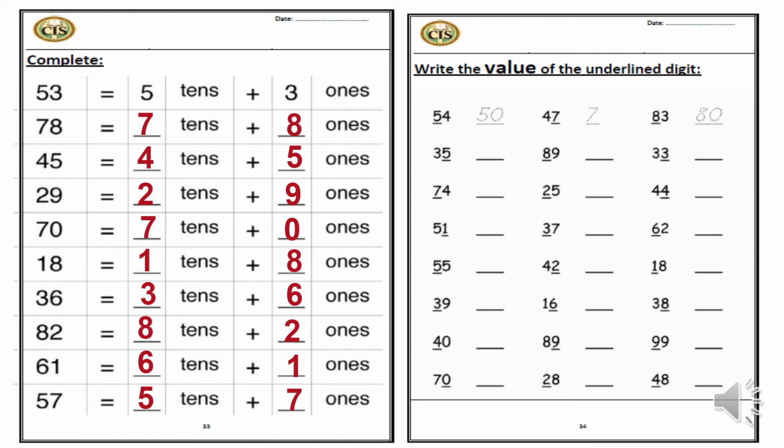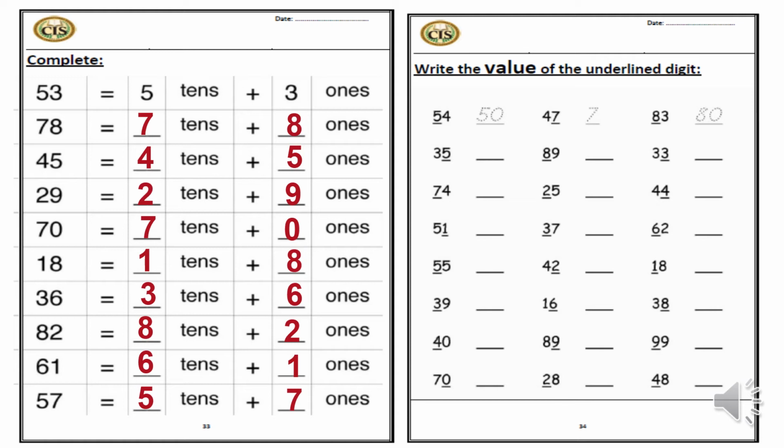We have here 47. 7 here in ones place, so its value will be 7. No 0 in ones. We have here number 83. So 8 here in tens place, so its value equals 80. Okay, let's answer that.